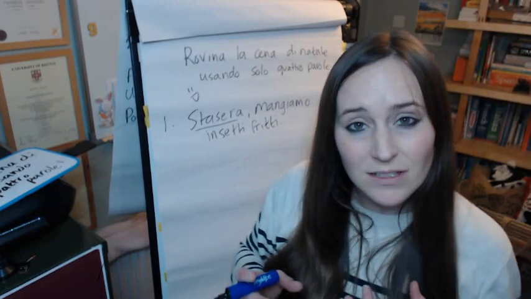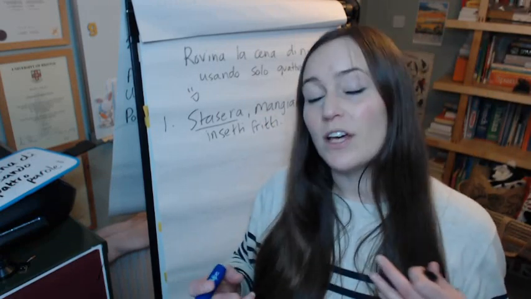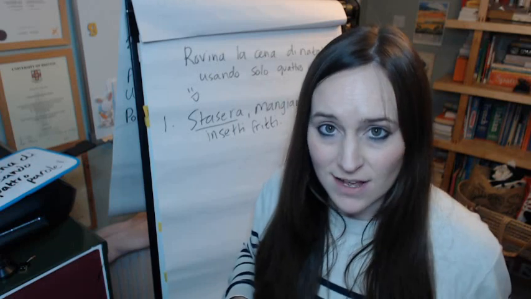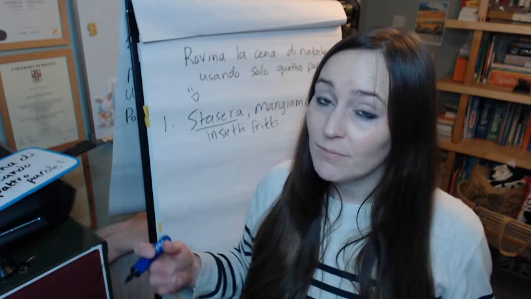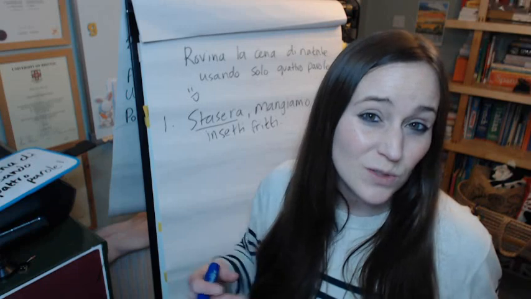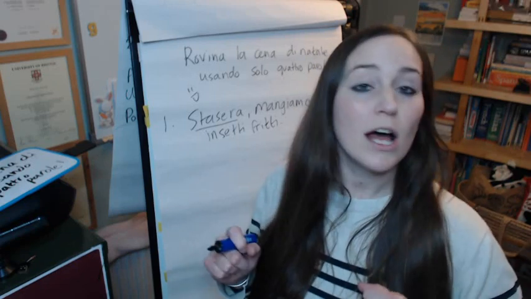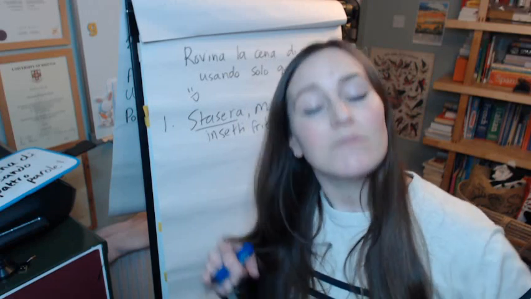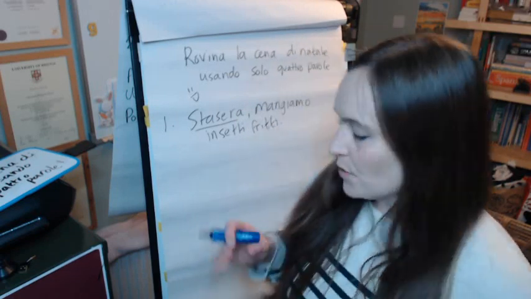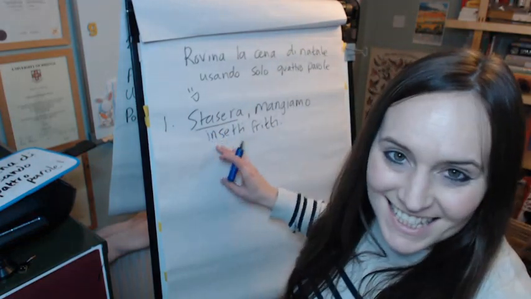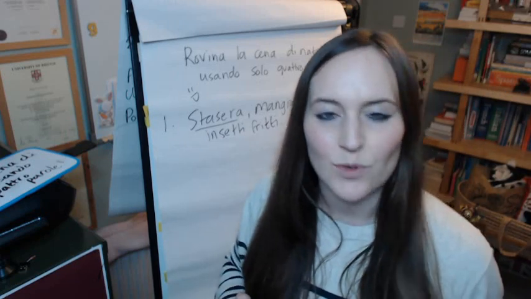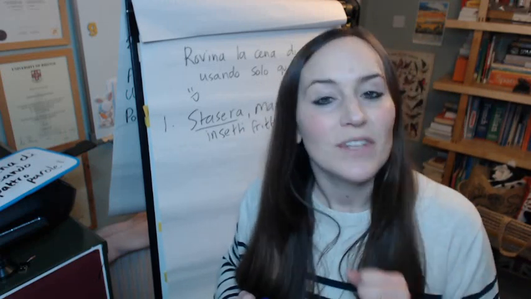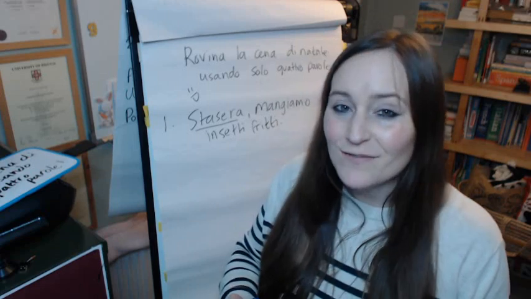Mangiamo, that's the present tense in the we form of the verb mangiare, so it means we are eating, or it might mean let's eat if it's used in the imperative, like allora mangiamo. Mangiamo? Sì, mangiamo. Should we eat? Yes, let's eat. So insetti looks similar to the English word insects. Fritti means fried.